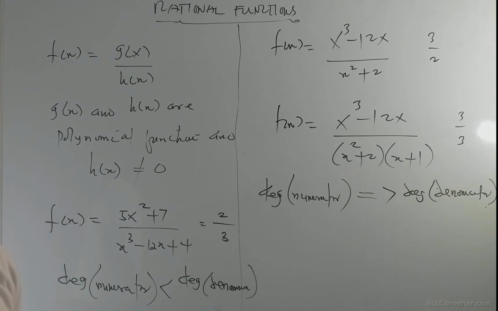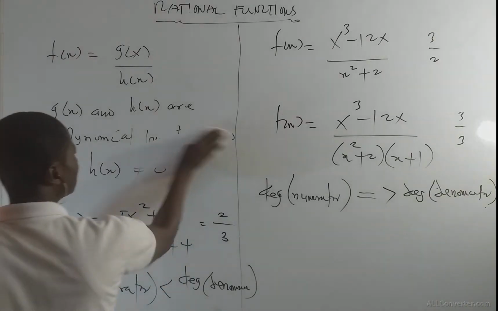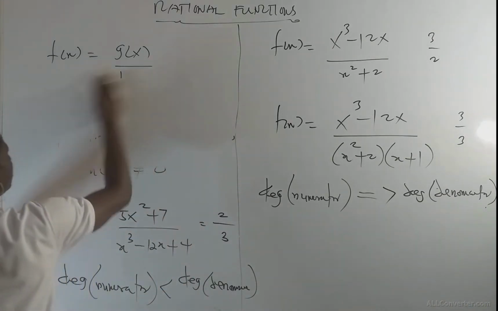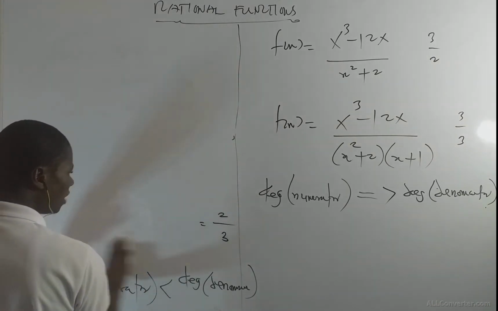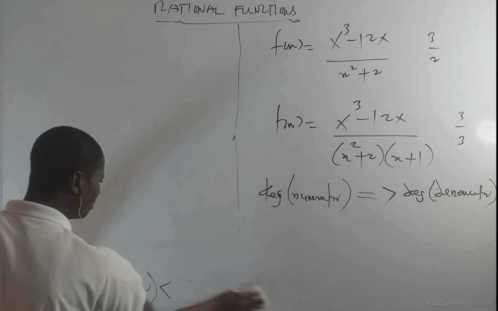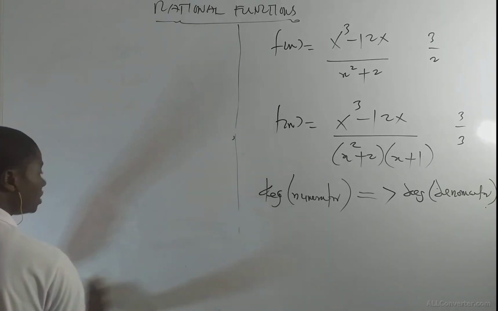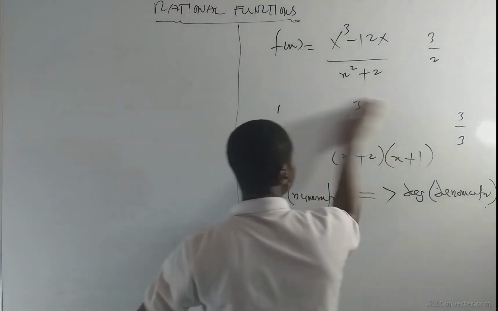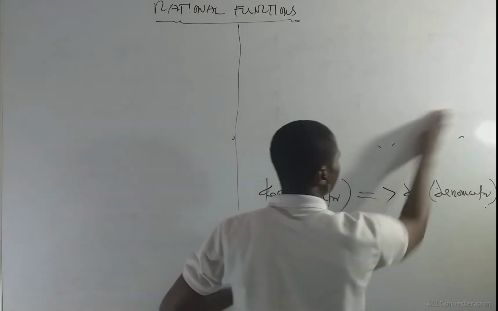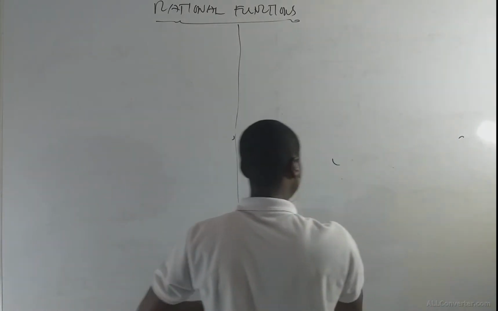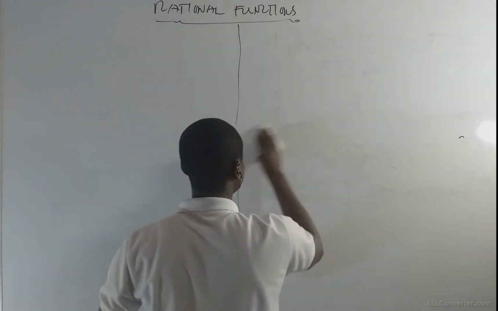So in general, when we talk about rational functions, it is just division of two polynomials. Now, we are going to look at operations on rational functions. With the operations on rational functions, what we are going to talk about is the addition of rational functions, subtraction of rational functions, multiplication and division of rational functions. That's what we are going to look at.